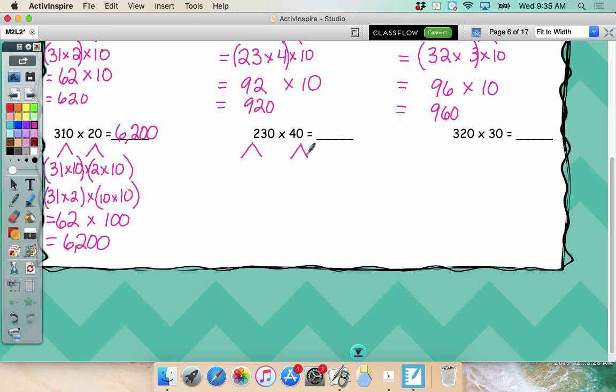Lillian, what do I need to write here? On the 23, right? Good. And Eileen, how would you break 40 apart? 4 times 10. Good. So then we have Jarrett. So what do I need on the next row here? 23 times 4.